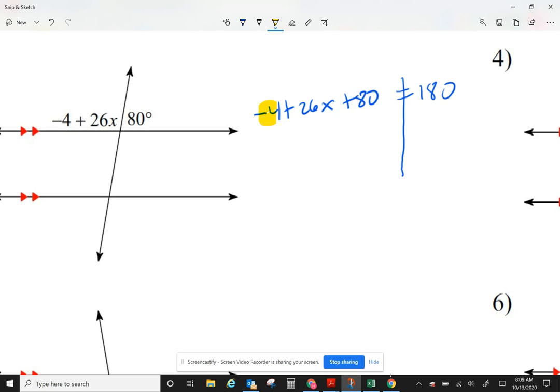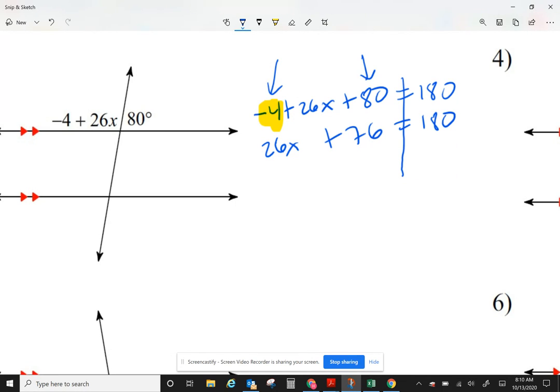Looking at the x term, I see 26x. Now, negative 4 plus 80 gives me 76. This is equal to 180. I just combined like terms. I simplified as much as I could on the left side.